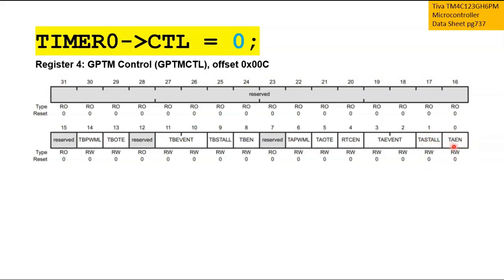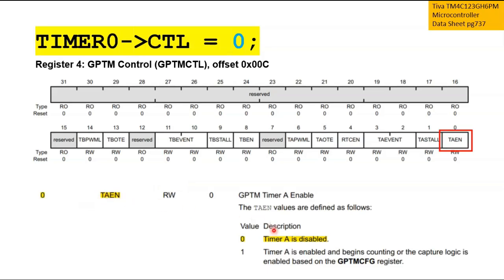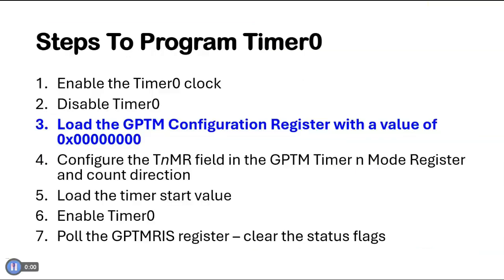Now bit 0 has a label TAEN, and from the datasheet we know that a value 0 would disable the timer, and this instruction here will do that. Alright, so this instruction will basically clear this bit to 0, thereby disabling the timer.